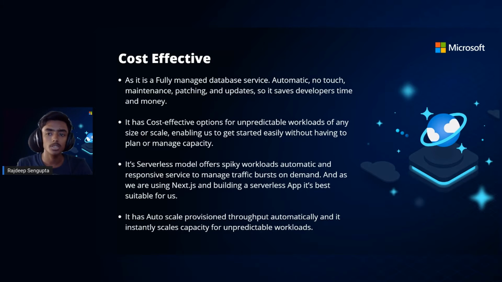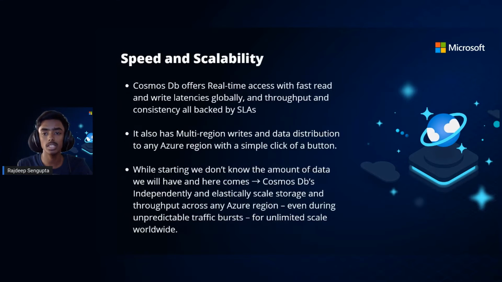It has autoscale provisioned throughput, and it instantly scales capacity for unpredictable workloads. Now, the next point is speed and scalability. As our app is kind of a marketplace, we had a lot of data and we needed it super fast. Cosmos DB offers real-time access with fast read and write latencies globally, and throughput and consistency, all backed by SLAs.